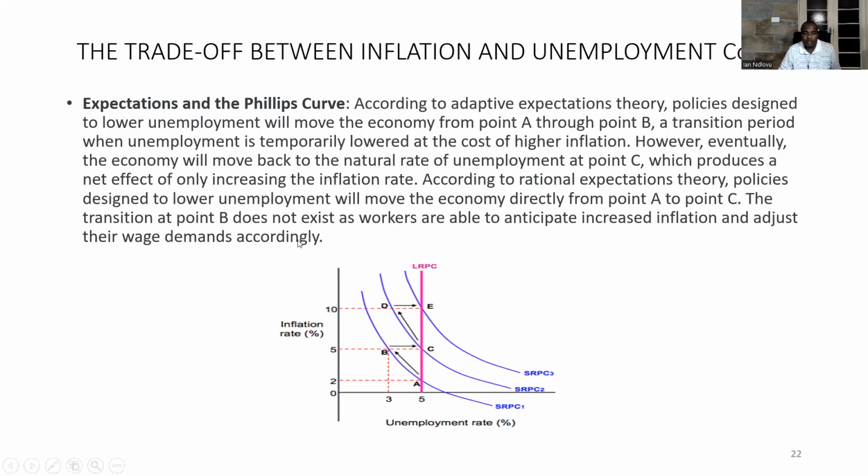The transition at point B does not exist, as workers will be able to anticipate increased inflation and adjust their wage demands accordingly, if we assume rational expectations.